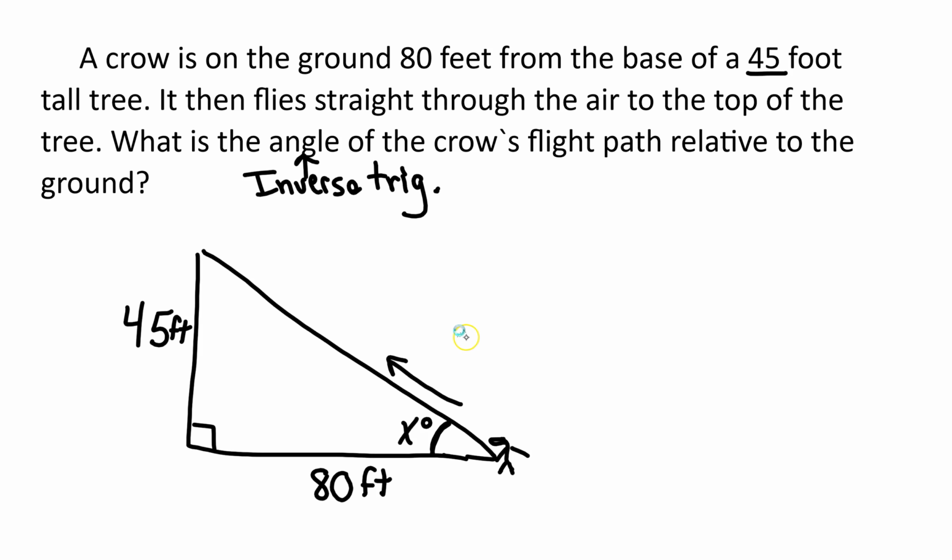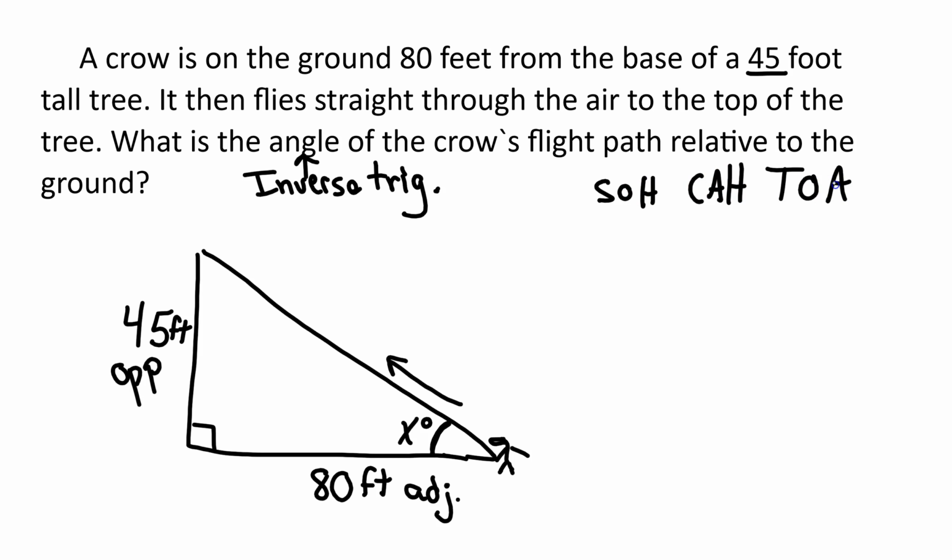But before we do that, we need to figure out which one we're going to do, so we have to set up an equation. So we got angle x. This is our opposite side, 45, and then our adjacent side, 80. So all we have to do, we have opposite and adjacent out of SOHCAHTOA. That's going to be the tangent, opposite and adjacent.